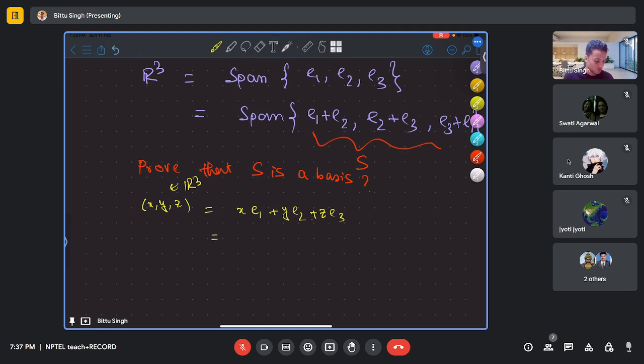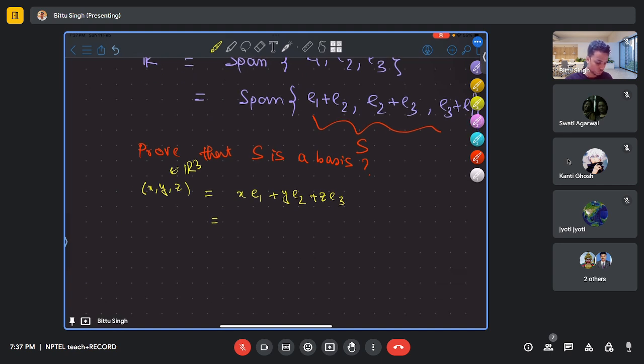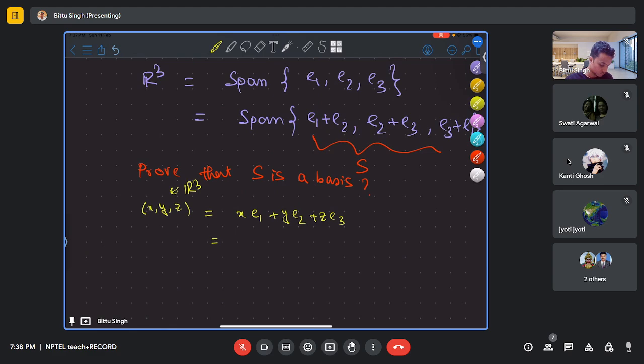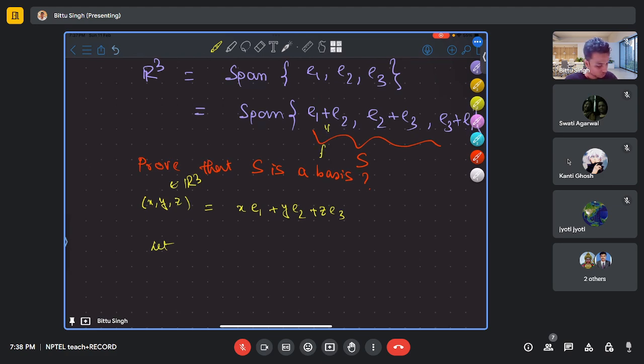And you need to write this in terms of elements from the set S. We don't know how, but suppose it is possible. Give them names: let them be F1, F2, and F3.